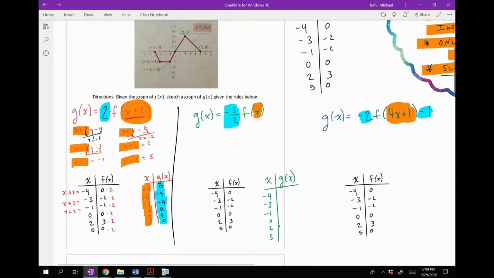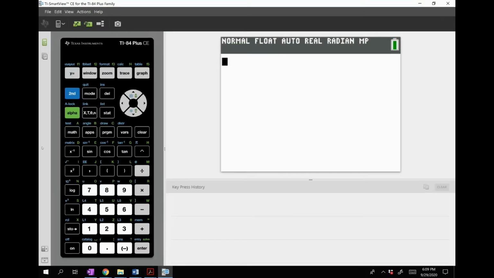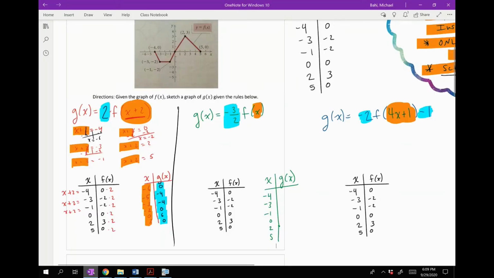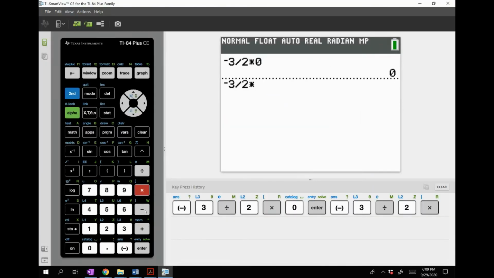All right. And then for the y value, what's going to happen to each one is you're going to multiply each one by -3/2. So a quick way to do this with a calculator is just put -3 divided by 2, and then times whatever the y values were. -3/2 times, what was the second one? -2.